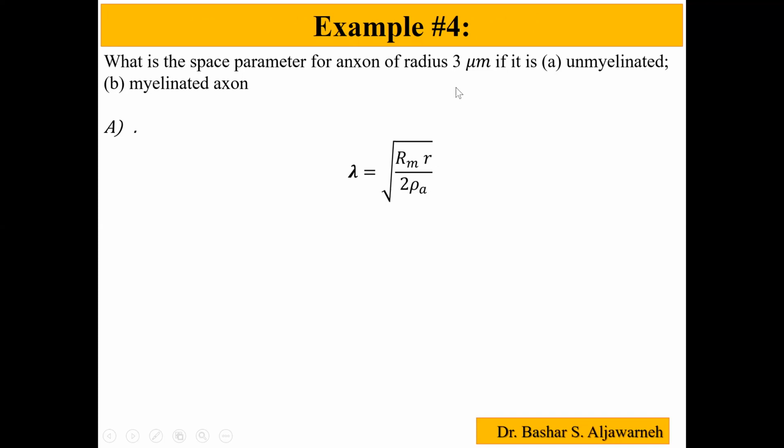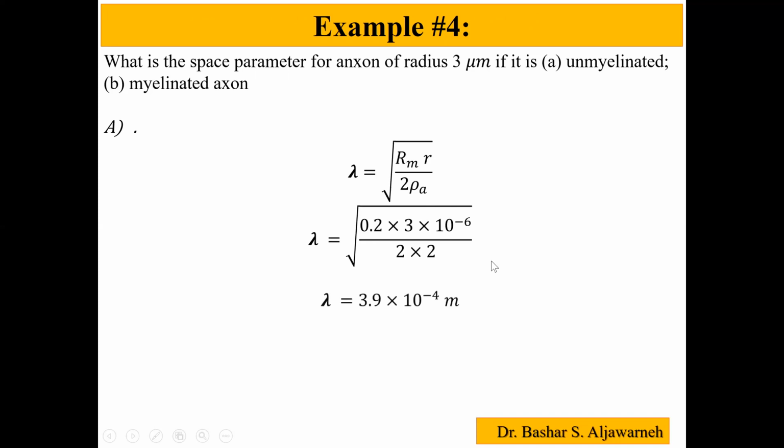We have the radius, but it's in micrometer, so we need to convert it into meter, which is times 10 to the minus 6. You should go to chapter 18, table 18.1 to get these constants for R sub M and rho, the resistivity. Plug the numbers, then you will get lambda, or the space parameter, equals 3.9 times 10 to the minus 4 meter. Please do part B and compare the result between A and B.